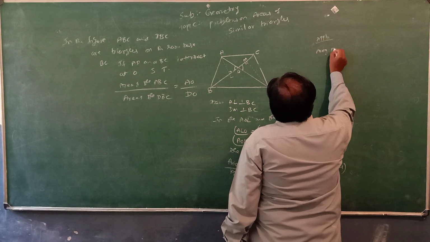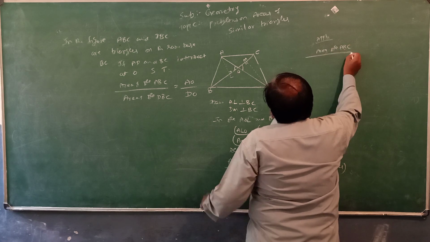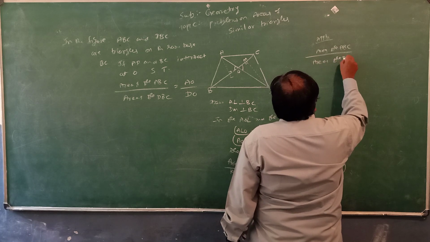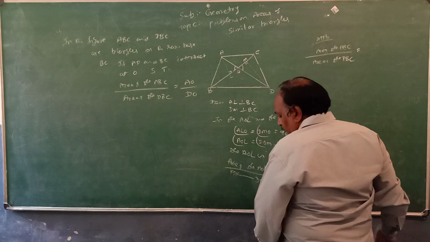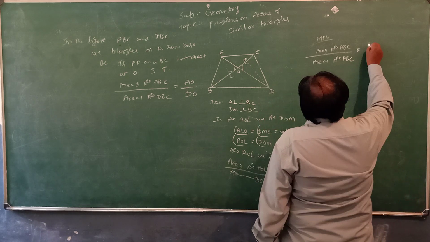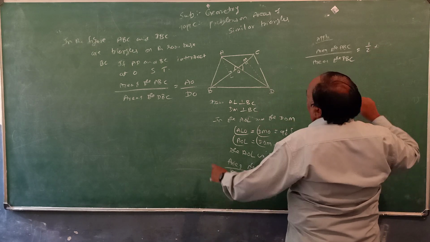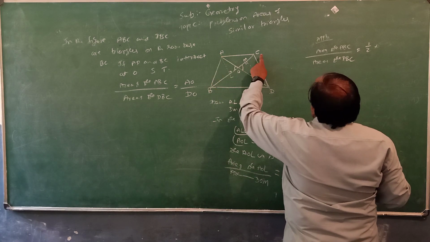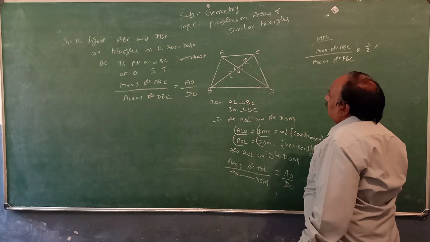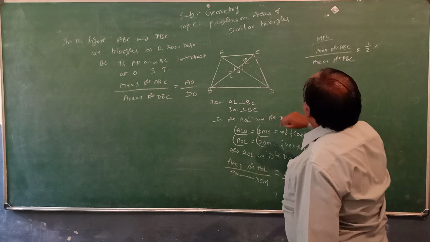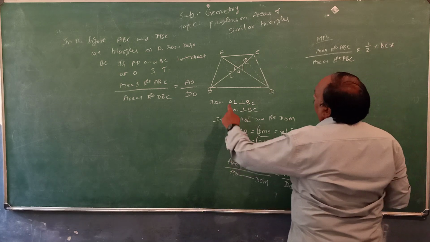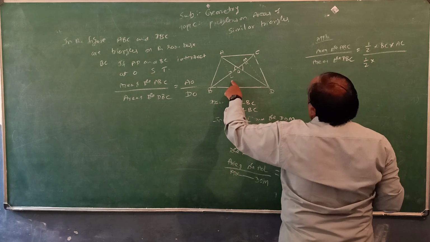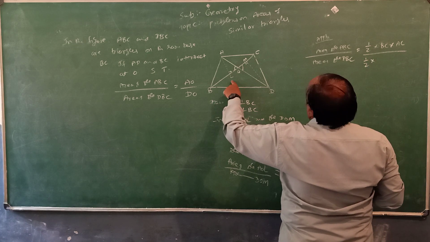Area of triangle ABC divided by area of triangle DBC is equal to: what is the formula for the area of a triangle? Half into base into height. For ABC, half into base BC into height AL, divided by half into base BC into height DM for triangle DBC.